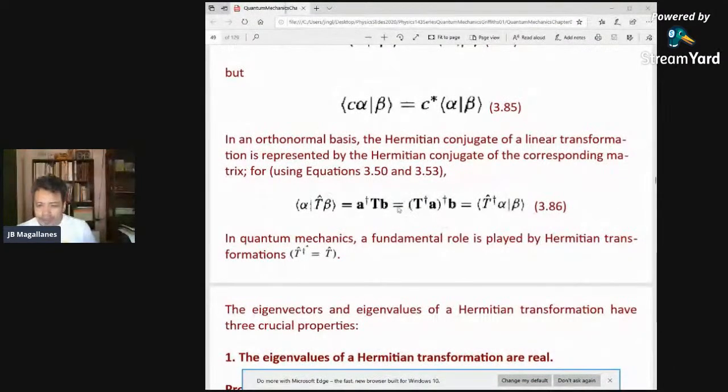So this one is A adjoint TB. B is the matrix representing beta, and A is the matrix representing alpha. You can interchange the order so that you can write this as the adjoint of T adjoint A, and this is just equivalent to T alpha beta.